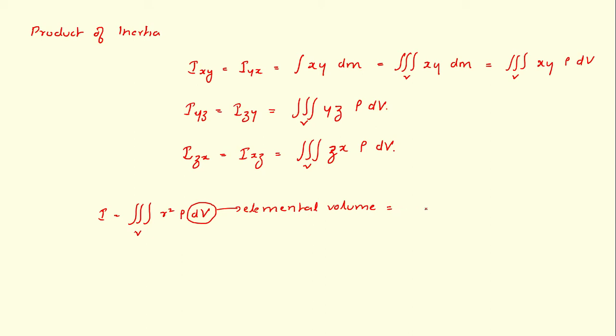So dv can sometimes be dx into dy into dz if you are using the xyz coordinate system. Or else we may choose some other coordinate system depending upon the convenience of the question. It is very important that you choose a proper convenient system while solving the problems.